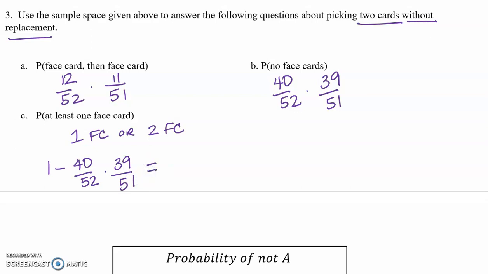Because that's exactly the same thing as doing 2 face cards plus getting 1 face card. And 1 face card is complicated because you could get a face card the first time and then not a face card on the next one.